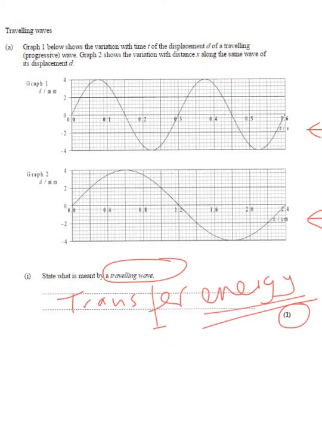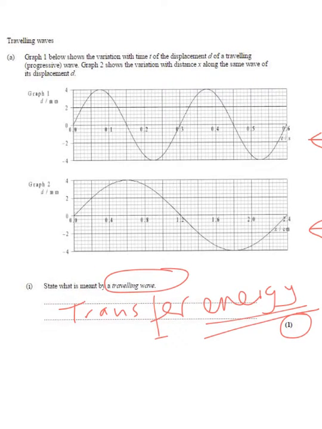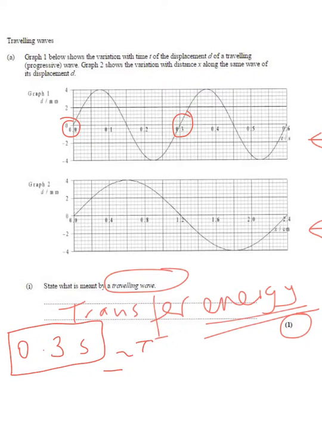We've got one entire wave that begins here and ends here, and it's 0.3. And have a look, it is seconds, no funny business there. So your frequency would be 1 over T, which equals 3.3 hertz.